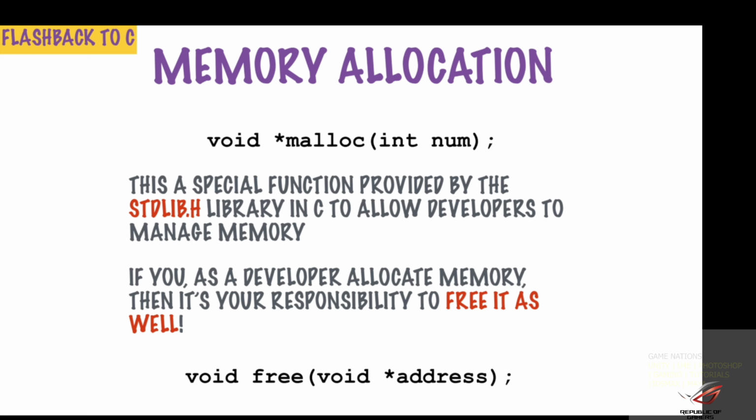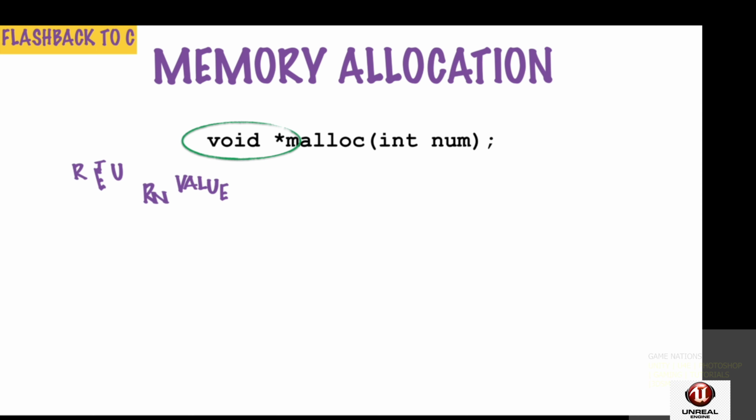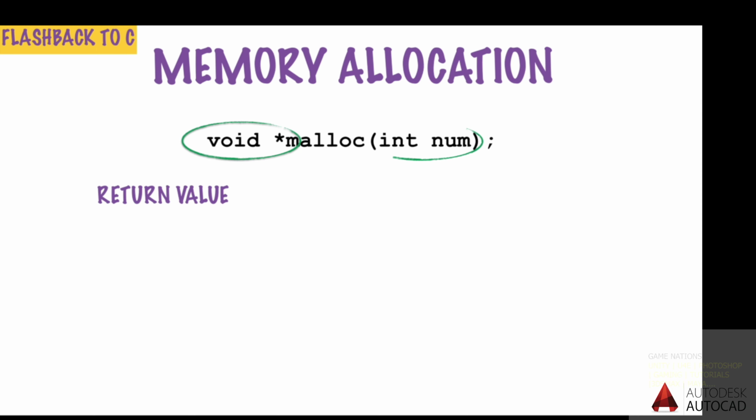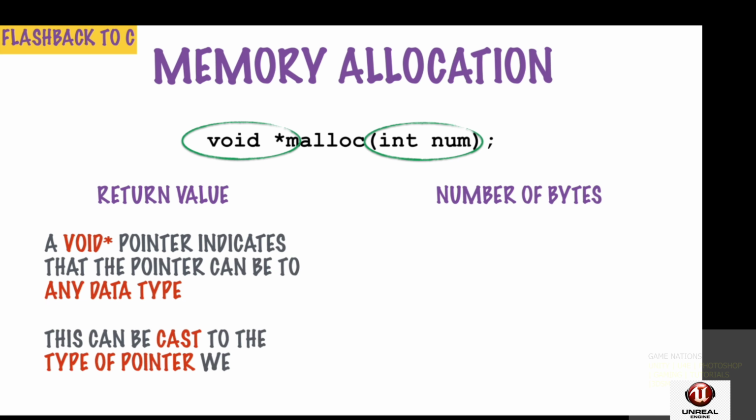A quick overview of how the malloc function works. The malloc function returns a void star. A void star basically means that it can point to anything. So that's the return value of malloc, and it takes as an input a number which specifies the size in bytes of the memory that we want to allocate. So a void star pointer indicates that the pointer can be to any data type.